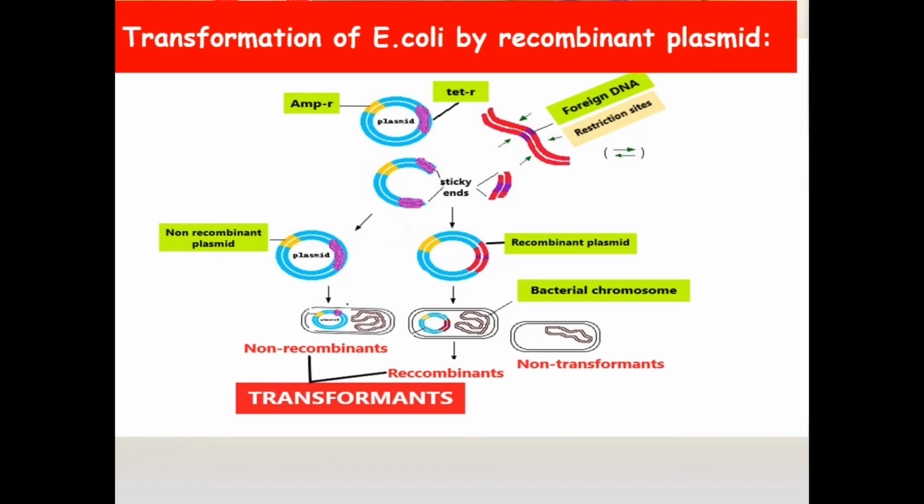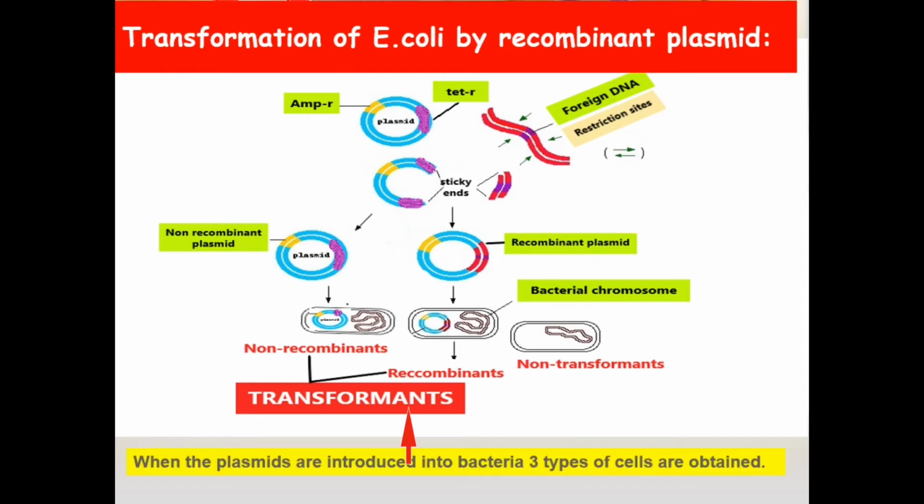Those which do not pick up any plasmid are called non-transformants, and the ones which pick up either the non-recombinant or recombinant plasmids are called transformants. So when we introduce the plasmid into bacteria, we obtain three types of cells.